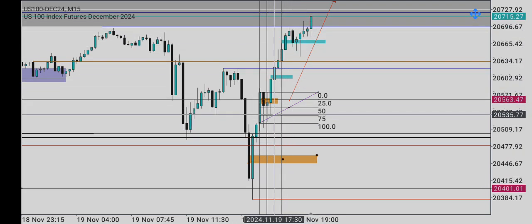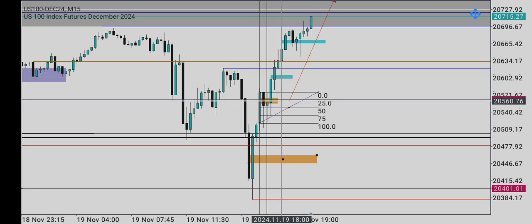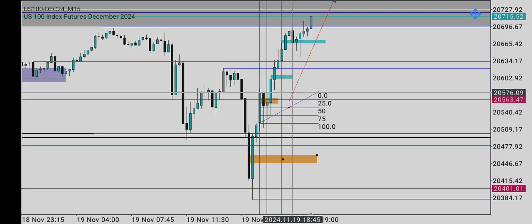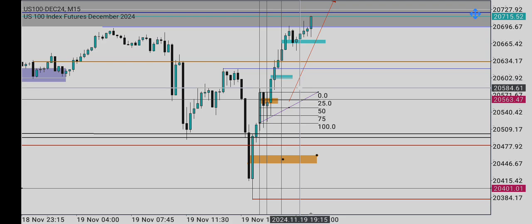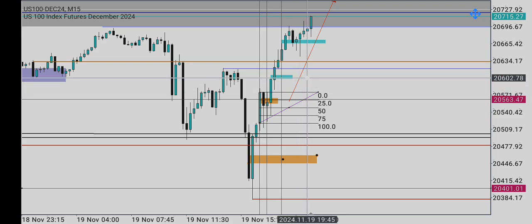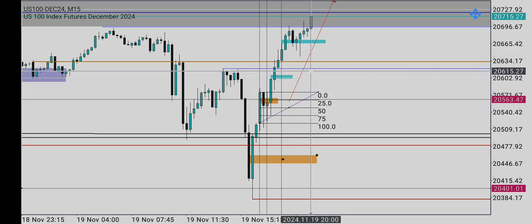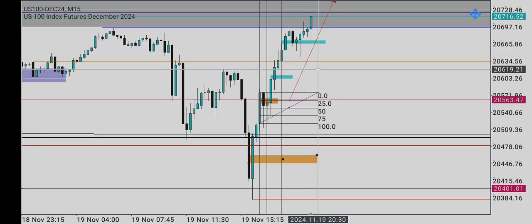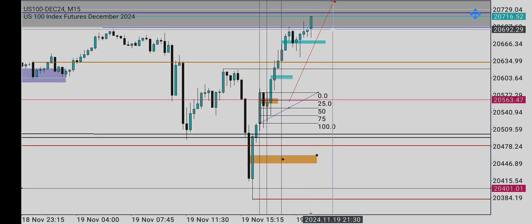So I waited patiently for my trades to pan out very well, and after waiting, my first target was hit.